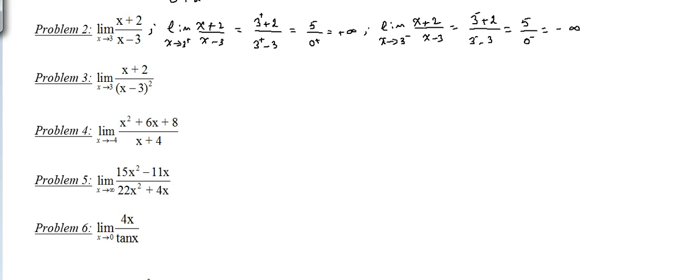In this case, the limit does not exist, because the right hand limit does not equal the left hand limit. So the limit of x plus 2 over x minus 3 as x tends to 3 does not exist.